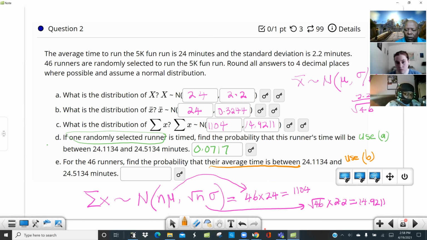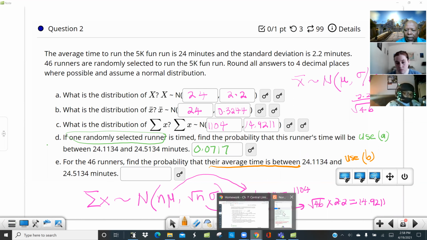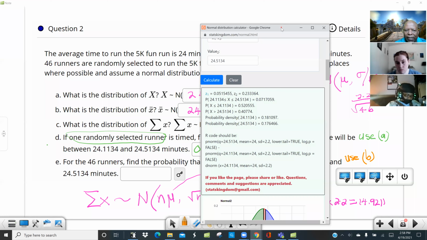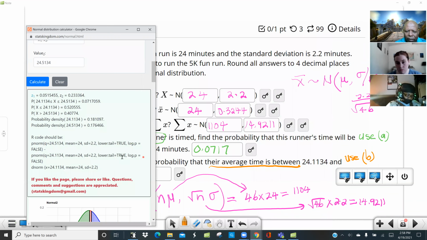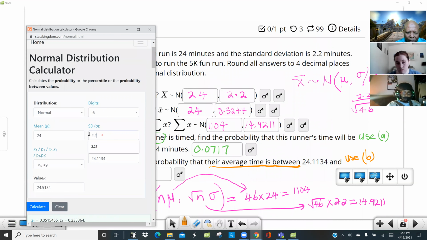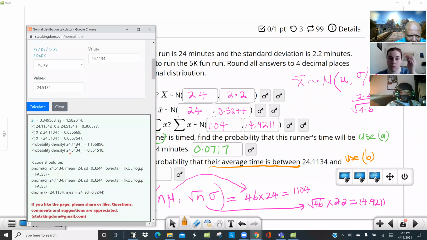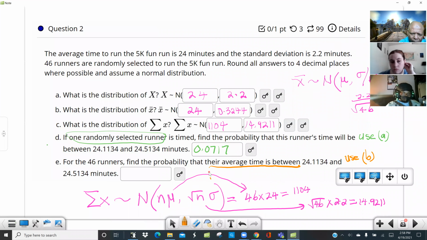So when I go to the calculator here, I have to change the standard deviation to 0.3244. And for the same lower and upper values, I get 0.3066.